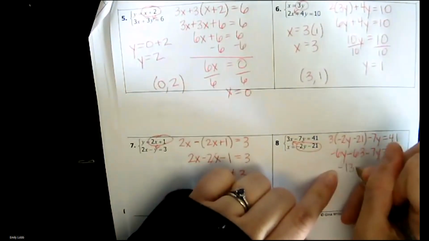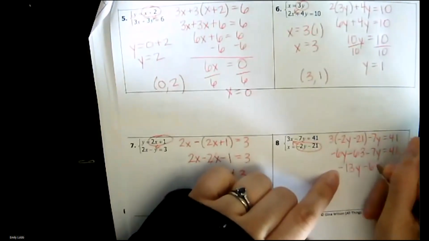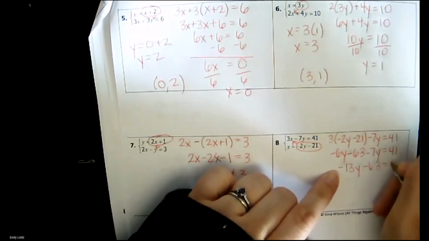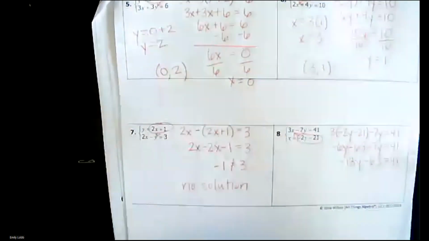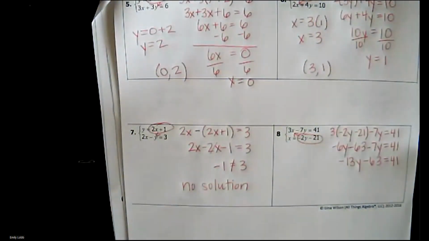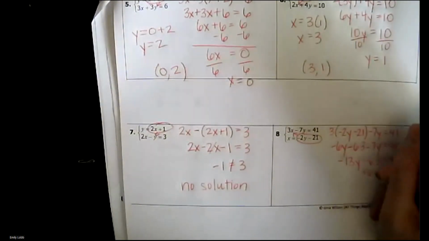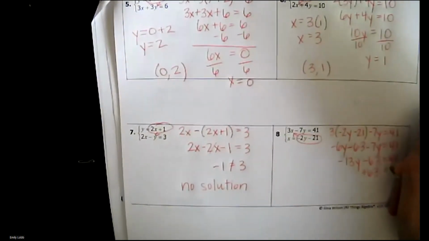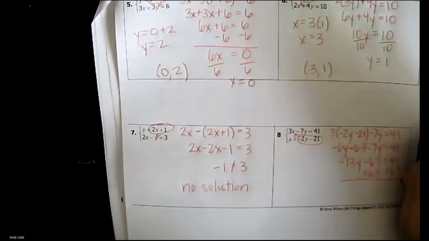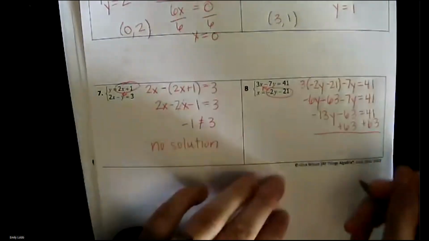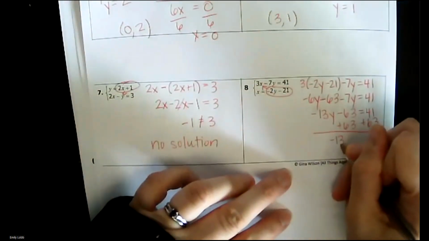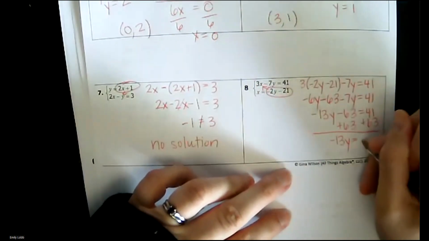So negative 13y minus 63 equals 41. When I go to solve this two-step, I'm going to get rid of the constant by taking the opposite of it from both sides. So I have negative 13y is equal to 104.